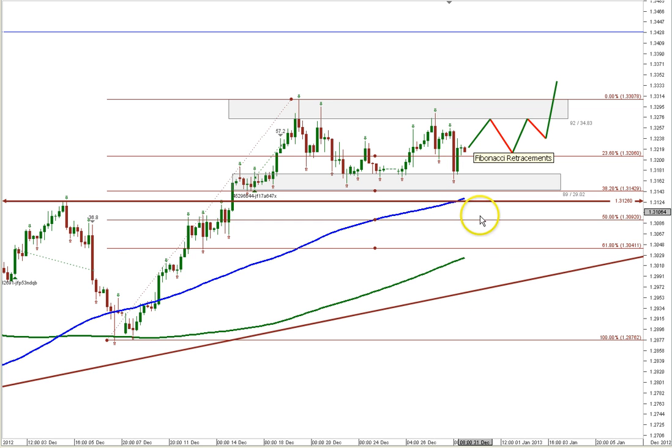But until price comes through here and all this stuff here, these are levels where the price can bounce and start going back up. For me to go short after price breaks the 100 period moving average wouldn't probably be too wise, just because it would be the first time for price to come through this 100 period moving average. And usually price doesn't just go through the 100 period and then bust all the way through the 200 period and go all the way. Now you could take that on a short trade.